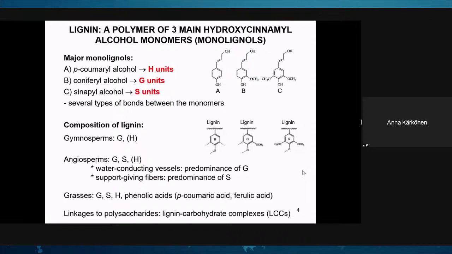In grasses and cereals, there are G, S, and now the H unit content is higher than in other plant groups. In addition, there are some phenolic acids like paracoumaric acid and ferulic acid attached to lignin. Lignin is making linkages to polysaccharides. These are called lignin carbohydrate complexes.